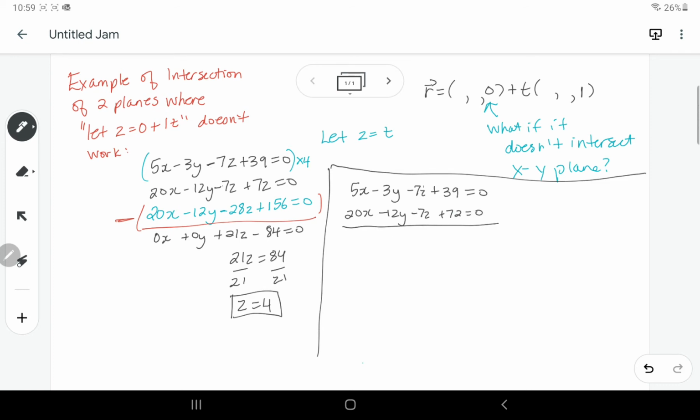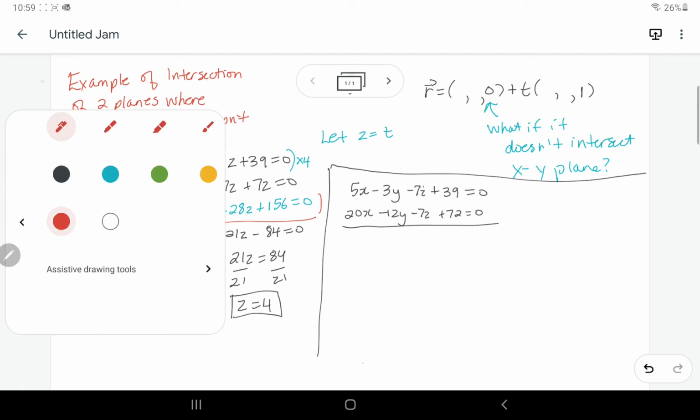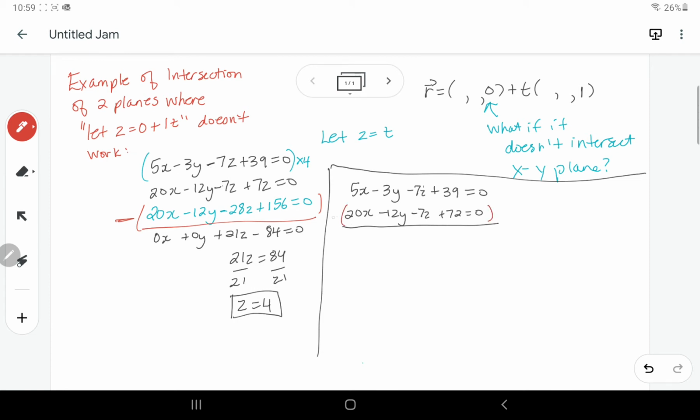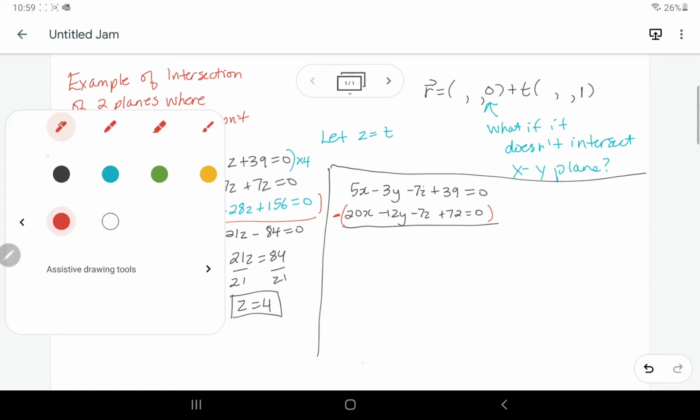I'm going to eliminate the z's because I know the z value is just a constant z equals 4. So I'm going to subtract here. That will eliminate the z's, and we'll end up with just a relationship between the x and y values.